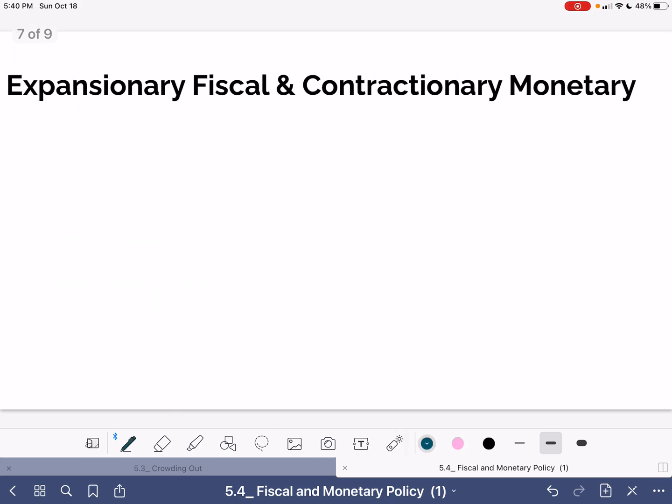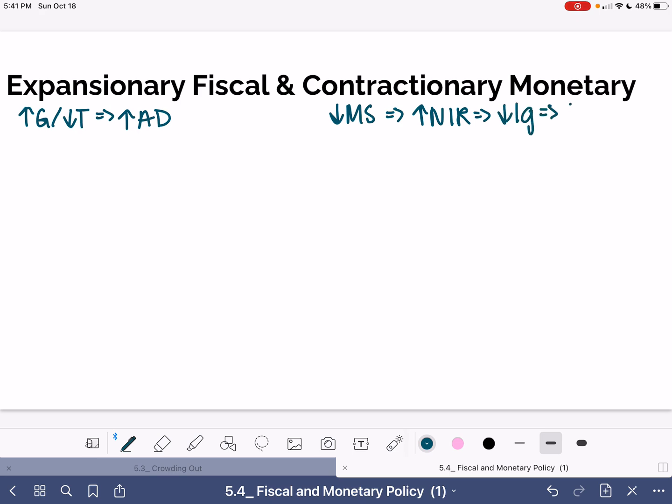So now let's look at expansionary fiscal and then contractionary monetary. Expansionary fiscal is the increase in government spending, decrease in taxes, which will increase aggregate demand. Contractionary monetary policy is decreasing the money supply, which will increase the nominal interest rate, which will decrease investment spending, and then decrease aggregate demand.